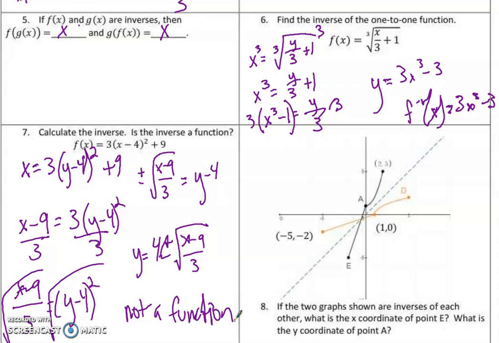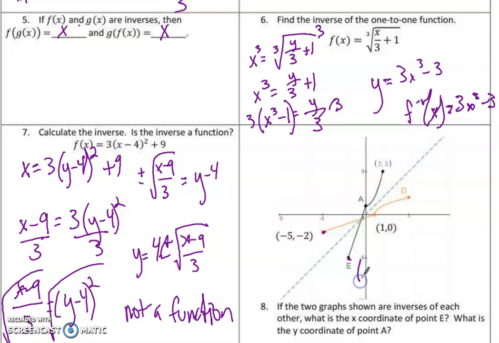Okay, number 8. If the two graphs shown are inverses of each other, what is the x-coordinate of E? What is the y-coordinate of point A? Okay, well, if these are inverses, that means that this is just this one swapped. So I'm swapping the x and the y.